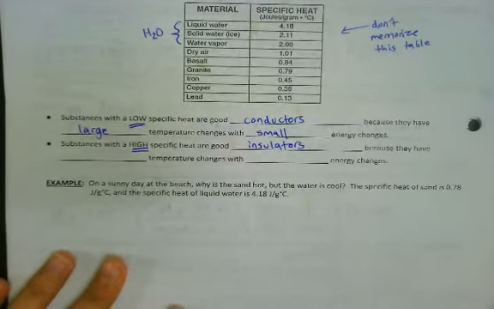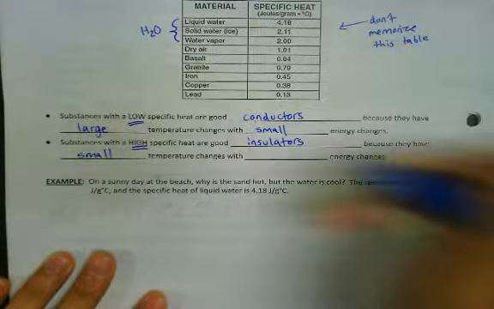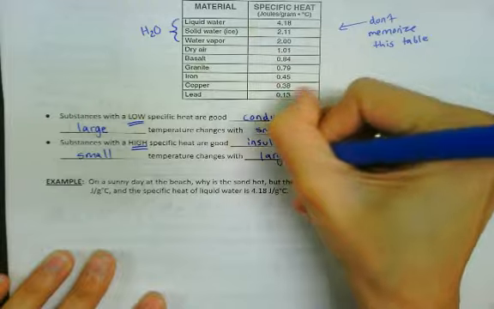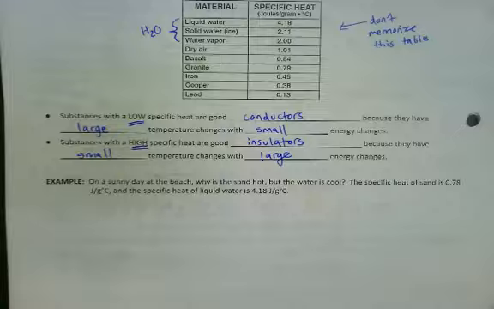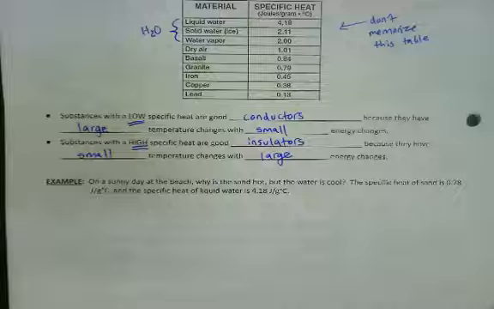So good insulators typically have small temperature changes associated with even large energy changes. Something like water, this also goes back to why areas along the coast, places like San Diego, are a lot more regulated in terms of temperature by being close to the ocean. There's a lot less variation in their temperature and climate year-round.